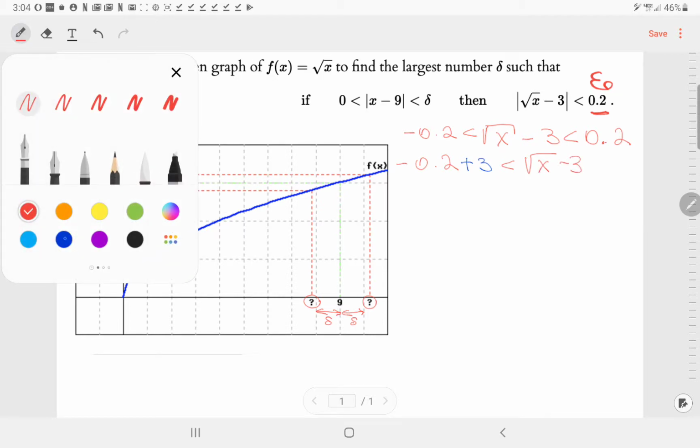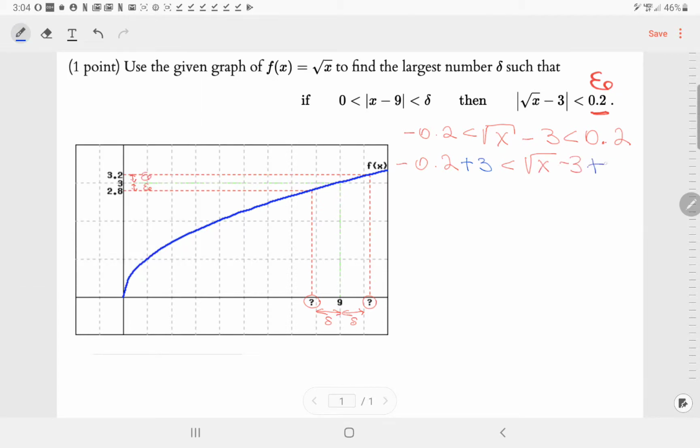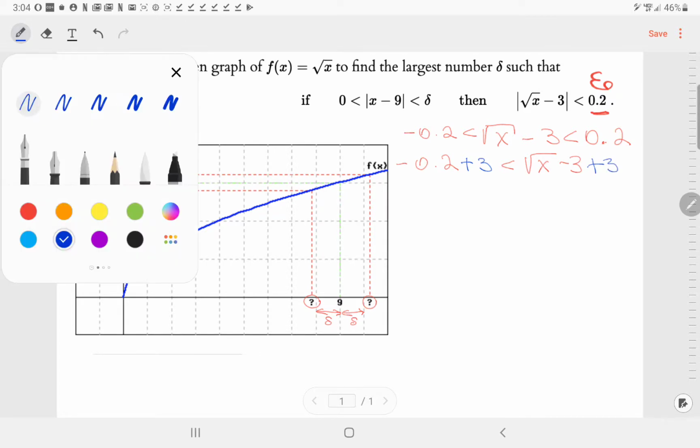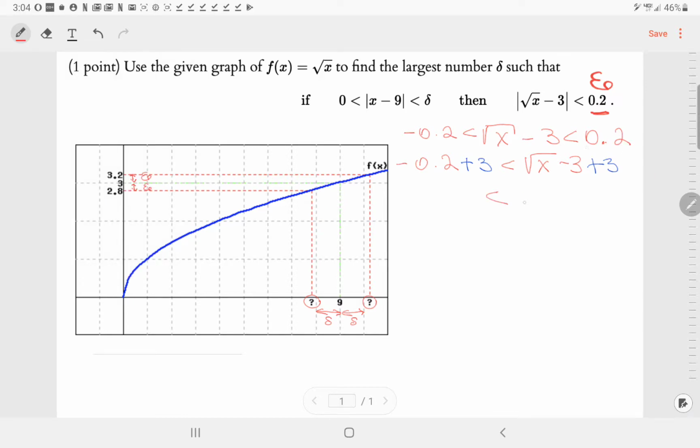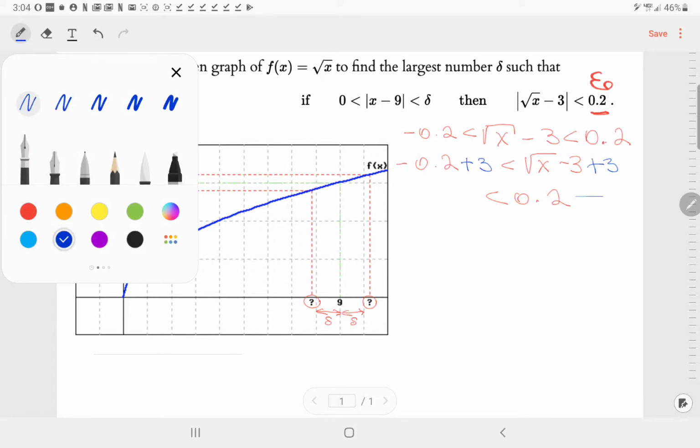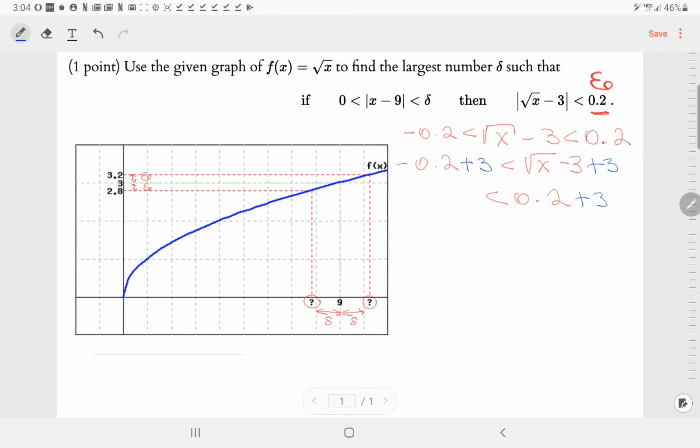Then again, we are adding 3. And the sign of the inequality does not change just because we are adding a positive number. And again, I'm just going to keep writing right here for the 0.2. And we are adding 3 to this one as well.